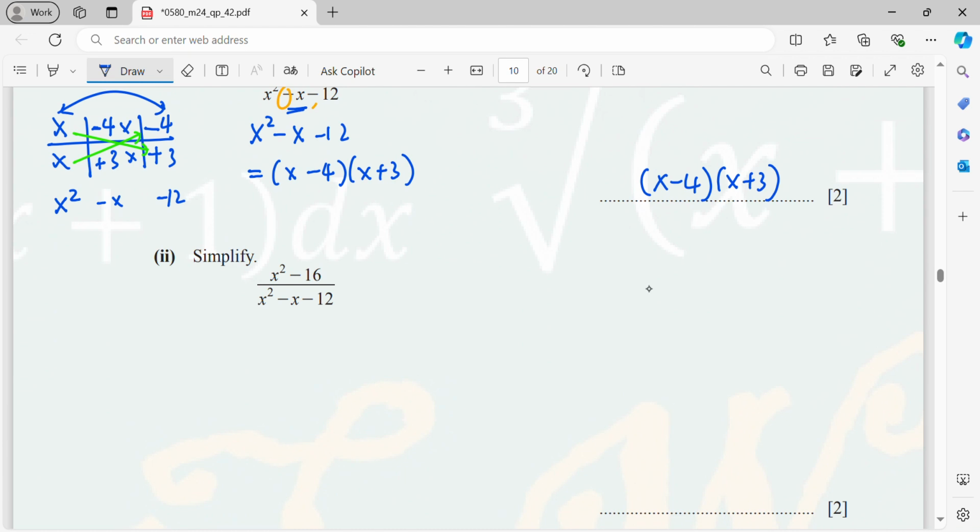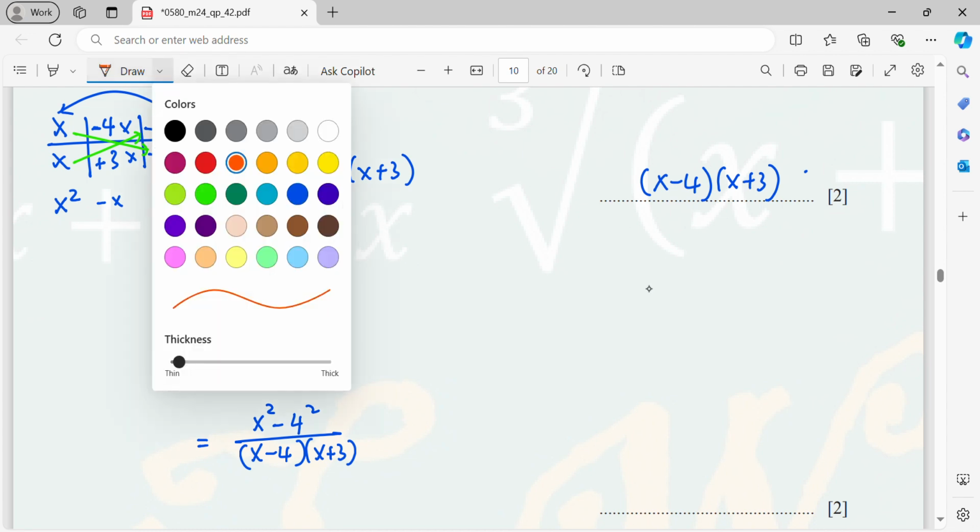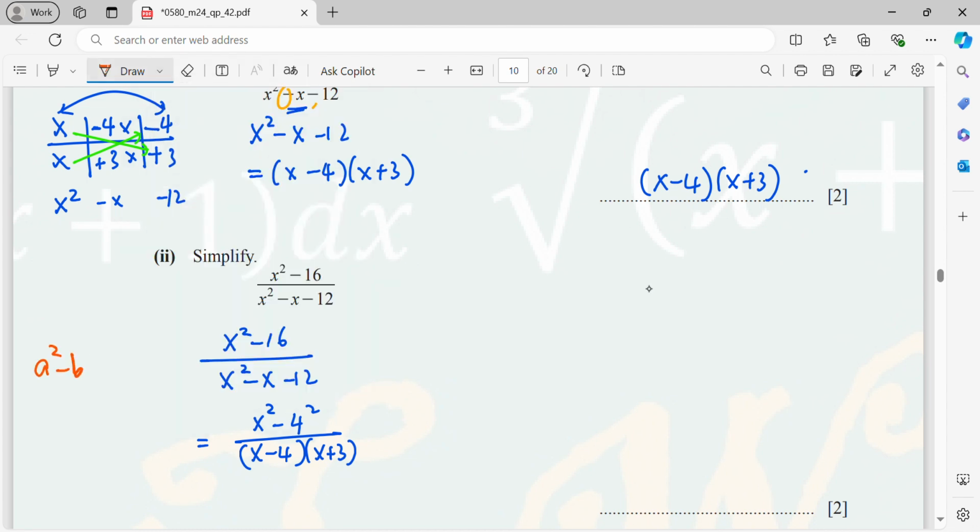Now part 2, simplify the division. x squared minus 16 over x squared minus x minus 12. The denominator is already found, which is x minus 4 times x plus 3. For the numerator, I have x squared minus 4 squared, since 16 is 4 squared. Now I will use one formula: a squared minus b squared is a minus b times a plus b.